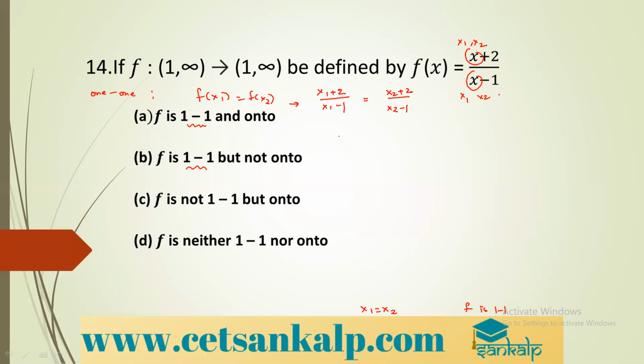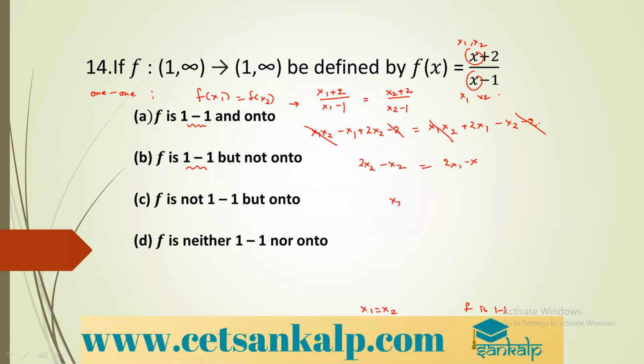So now cross multiply. x1 x2 minus x1 plus 2x2 minus 2 equal to x1 x2 plus 2x1 minus x2 minus 2. So you can cancel x1 x2 on both sides. You can cancel minus 2 on both sides. Then 2x2 minus x2 equal to 2x1 minus x1.